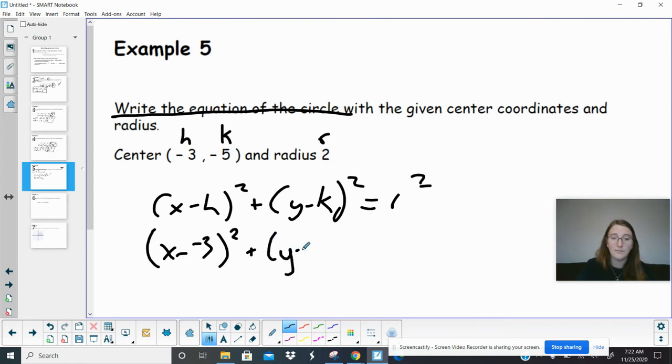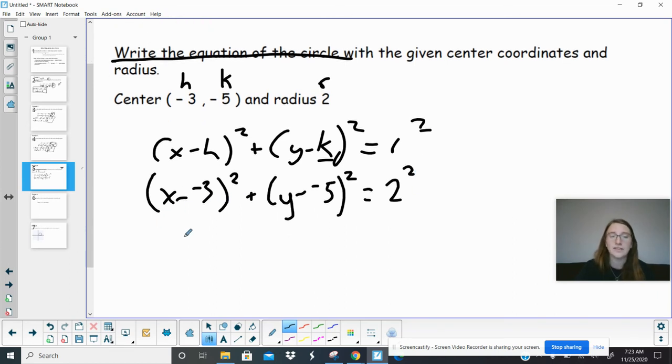I have y minus in the normal equation, and now I need to plug in k. But for k, I have, once again, a -5. So I have y minus a -5 squared equals, once again, radius 2, this is just r, and I need r squared. So what we have is 2 squared.